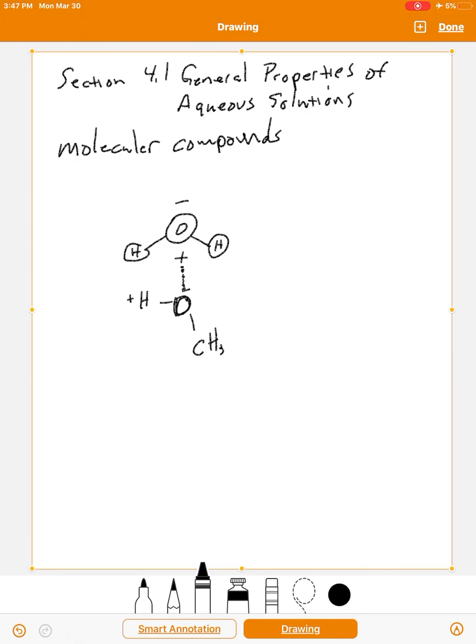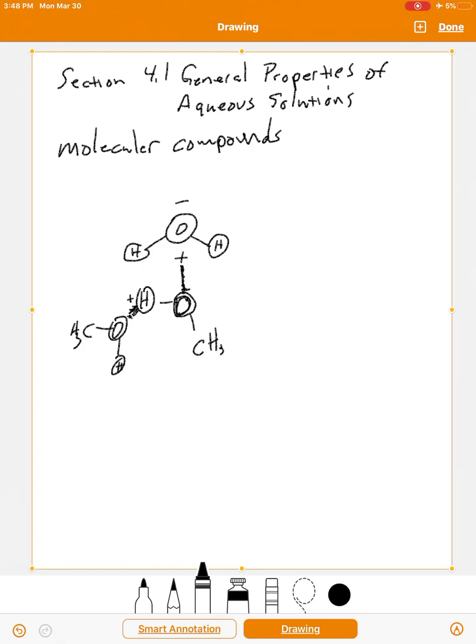See, this oxygen here is negative, and this hydrogen is positive, so they can interact with each other, so they're attracted to each other. So the alcohol is actually attracted to water. And so another water molecule, for example, could interact here. There's a negative in there, so they're going to attract each other. So that's why alcohols dissolve in water.